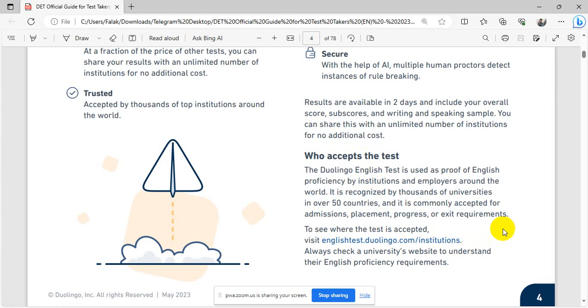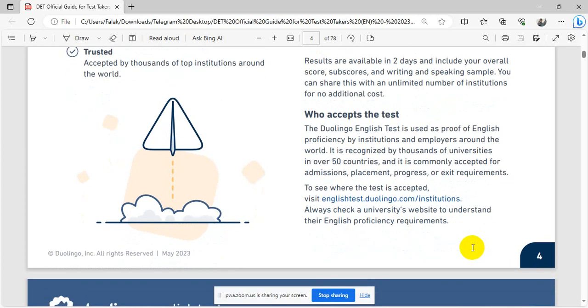When they say employers, they mean that if, for example, you apply for a job in English-speaking countries, maybe they require you to share your Duolingo test scores because they want to understand whether your English is good for the job or not. It is also recognized by thousands of universities in over 50 countries, and it is commonly accepted for admissions, placement, progress, or exit requirements.